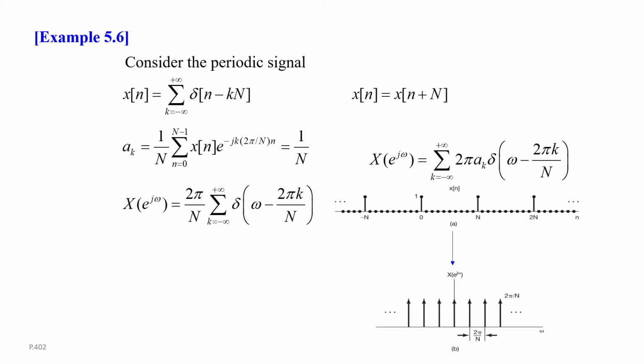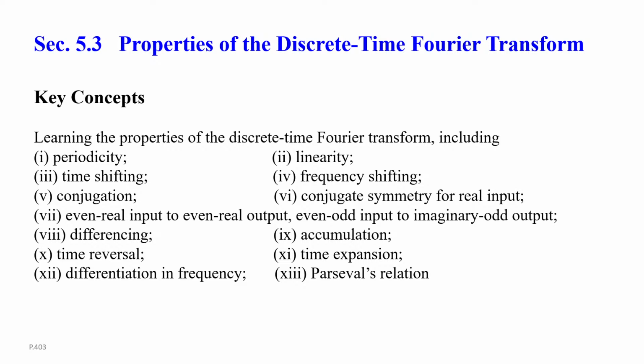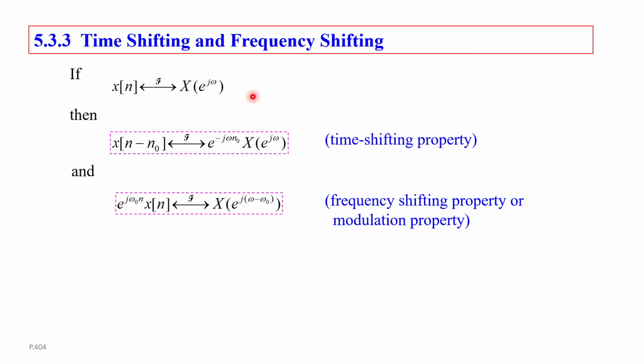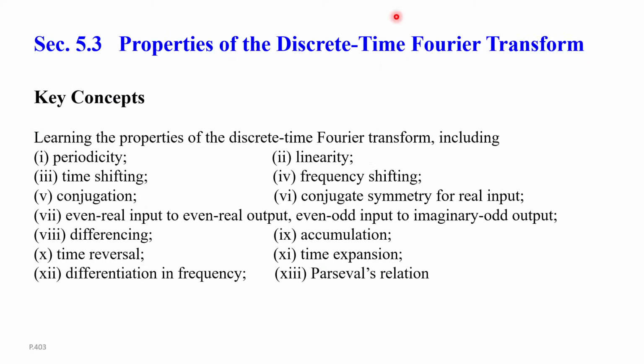If not, then let's go to the properties of the discrete time Fourier transform. And yeah, you can see we have lots of properties. Something we can talk about at a very high level is the difference to chapter 4, for the continuous time Fourier transform. The biggest difference, first thing, is obviously the big X will be periodic, and the other thing is obviously you are in discrete time, so you cannot do differentiation on it.